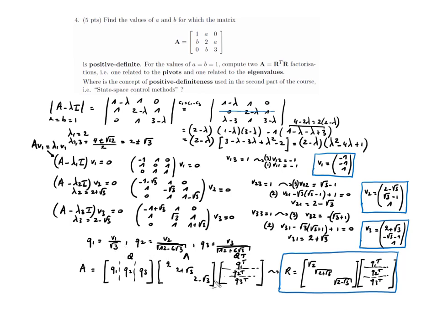And once you have this decomposition, well, you can see that R can be obtained as follows. You need to take the square root of lambda, right? This is between quotes, and then you multiply by Q transpose.